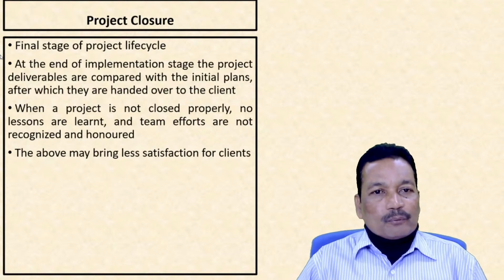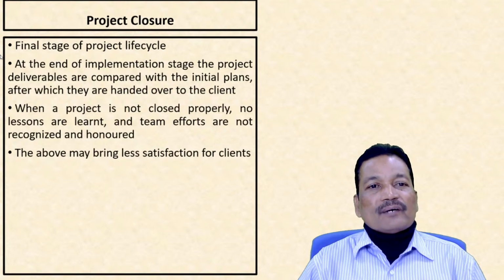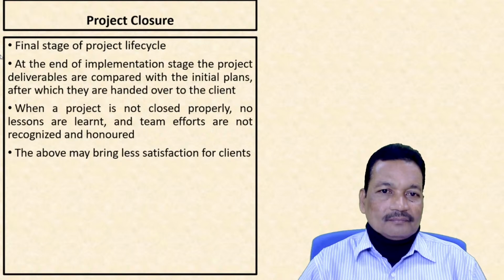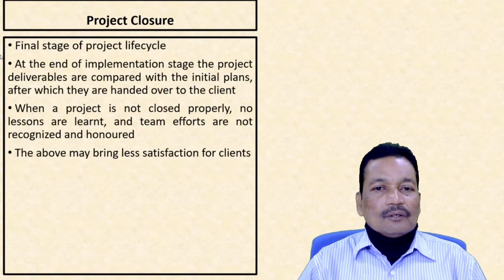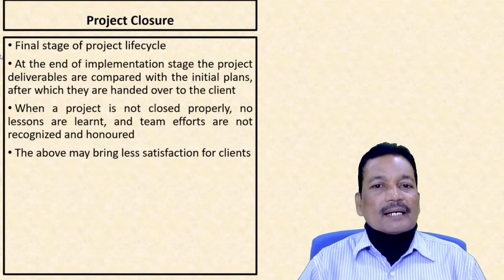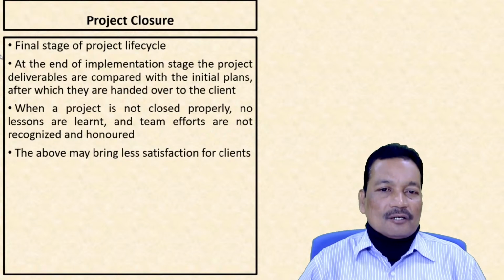When we are talking of project closure, it is the final stage of the project life cycle. Now, here we try to look at whether the project's deliverables or the objectives are meeting the initial plans or not.